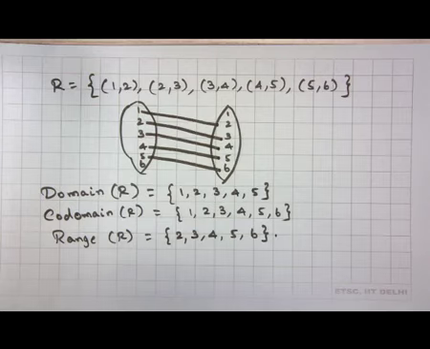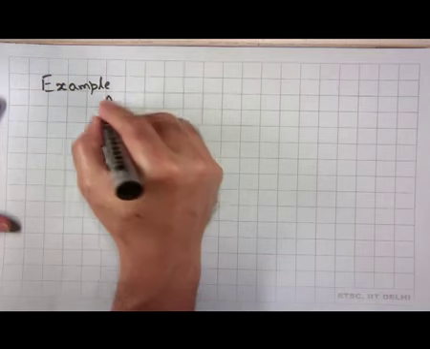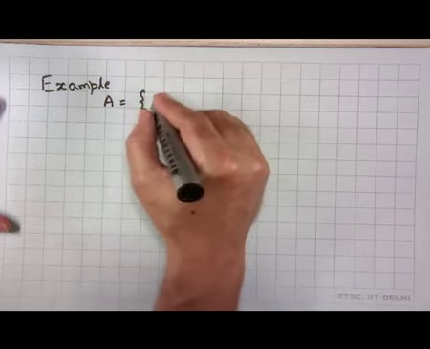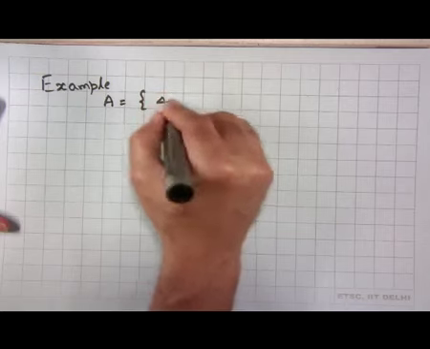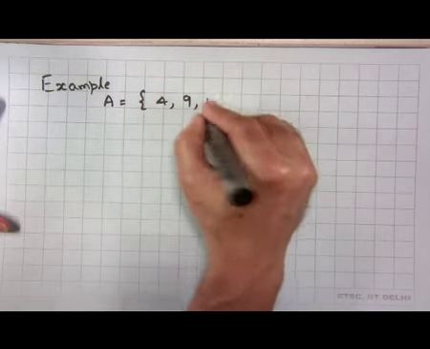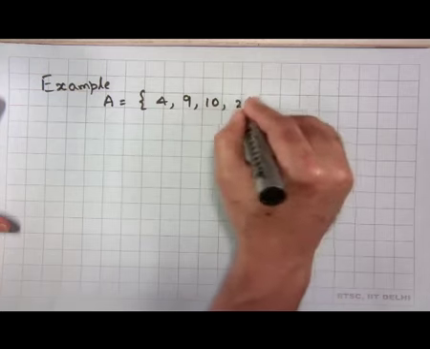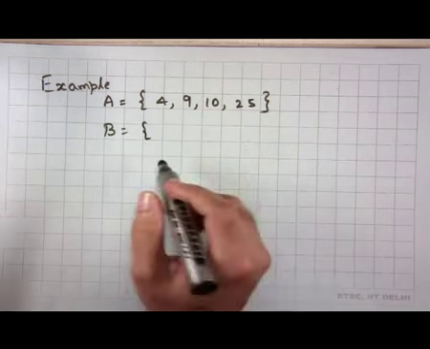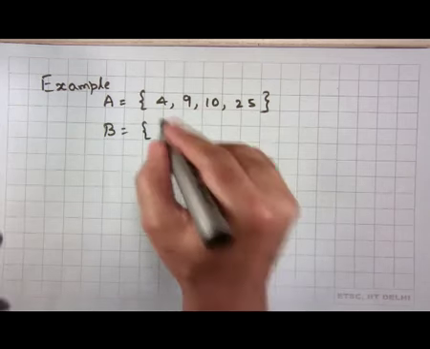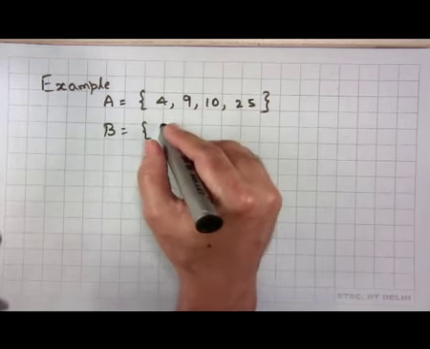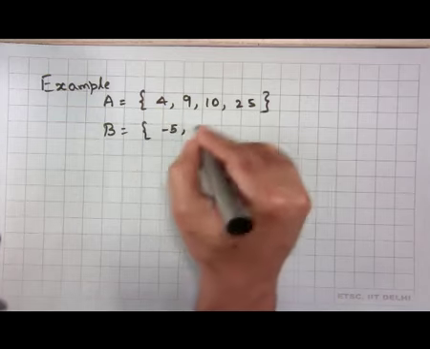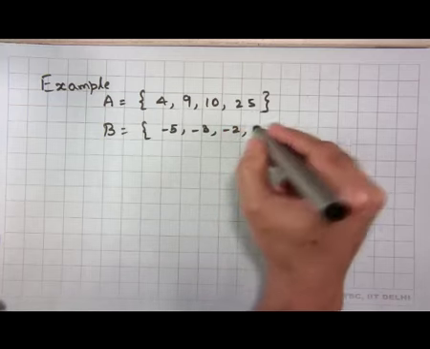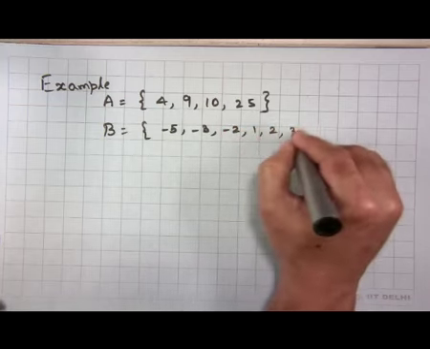Let us look at one more example. A is going to be 4, 9, 10, 25 and B, this is similar to the previous example, minus 5, minus 3, minus 2, 1, 2, 3 and 5.